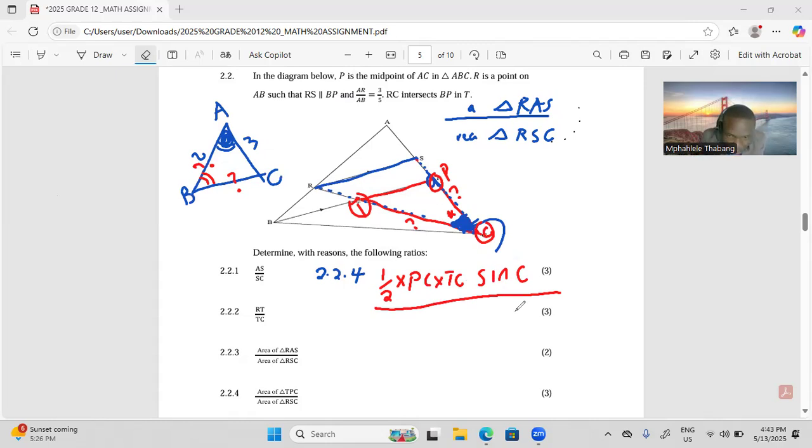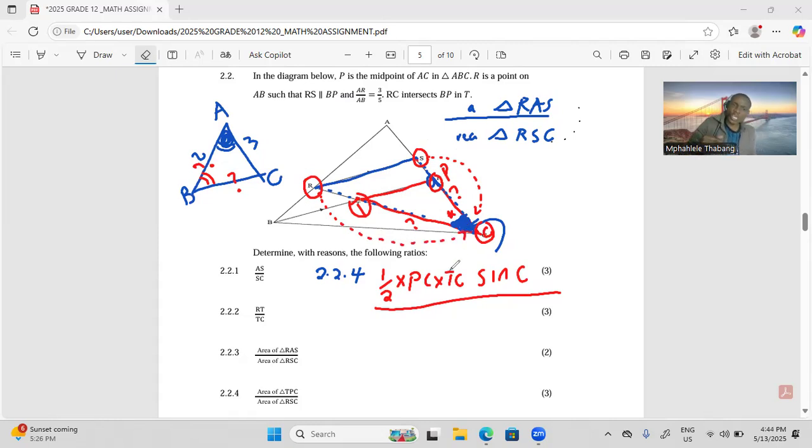Now let me go for the area of RSC. I want us to look at the side SC and the side RC.